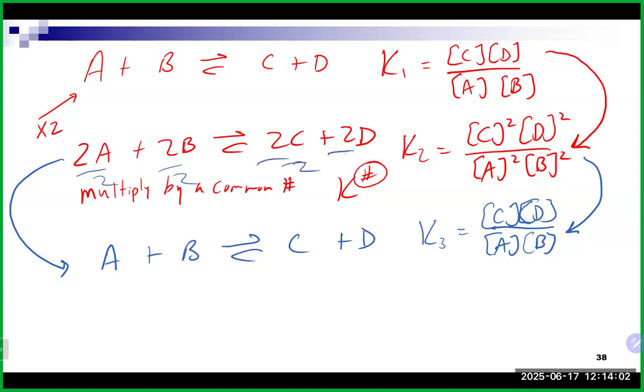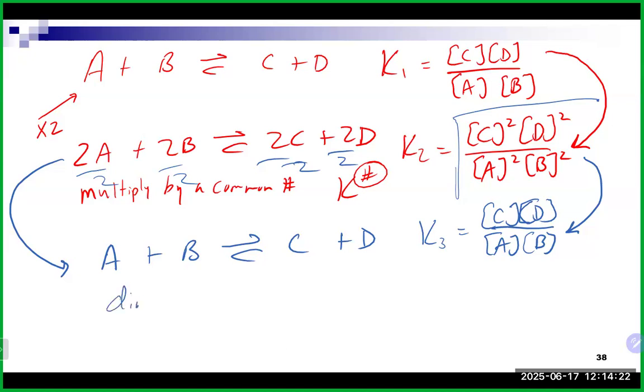And because I divided by 2, I actually took the square root here of this particular K value. So if you divide by a common number, you actually take the root of the K value to that common number. If I divided by 3, I would take the cube root and so forth as you go through there.